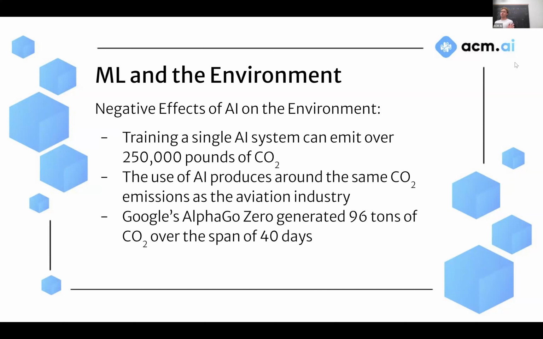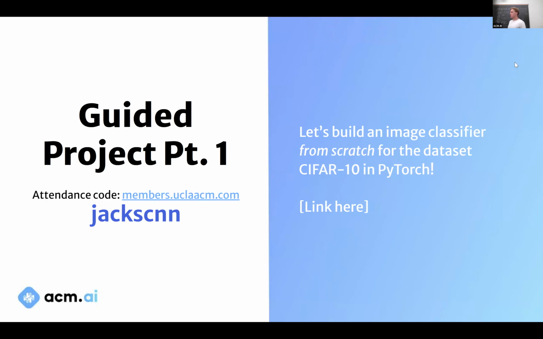I don't know the exact number, but it's a pretty big number. So like I said, there are applications that can help the environment, but AI itself is not the most environmentally friendly. So now we're going to go into the guided project, and you take it away.